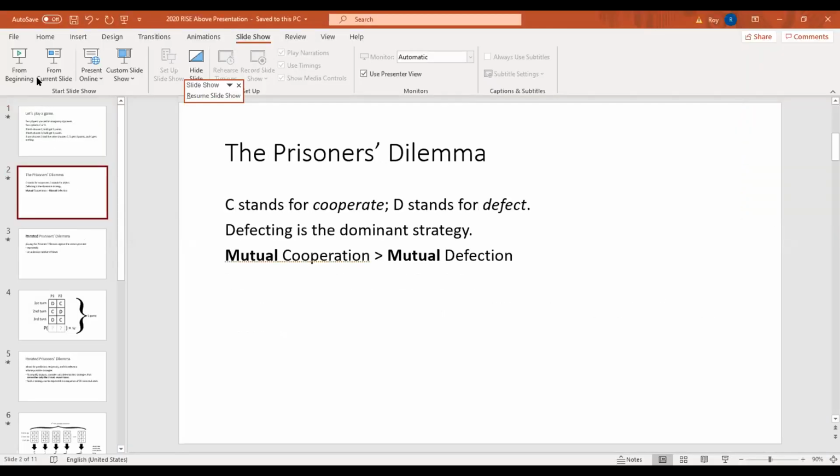what you just played, and I'll start the screen sharing right now, is called The Prisoner's Dilemma. It's a very well-known game in game theory.